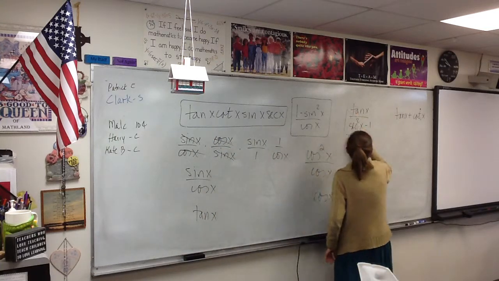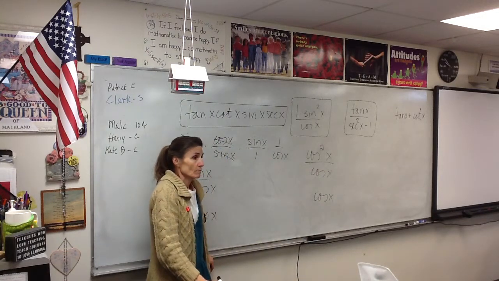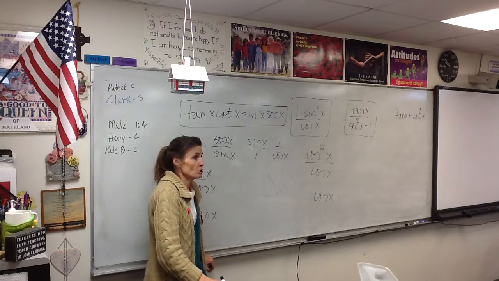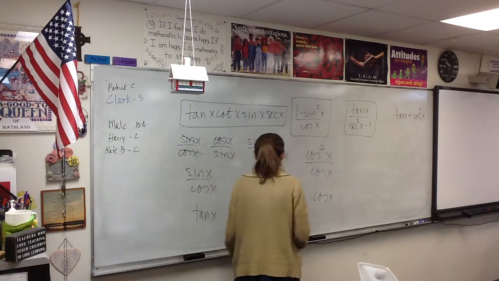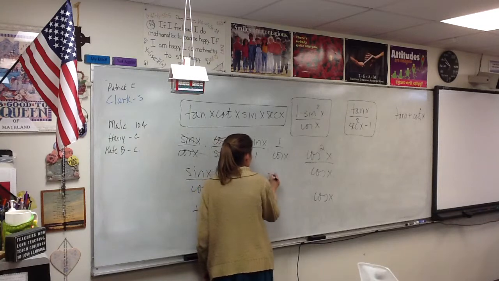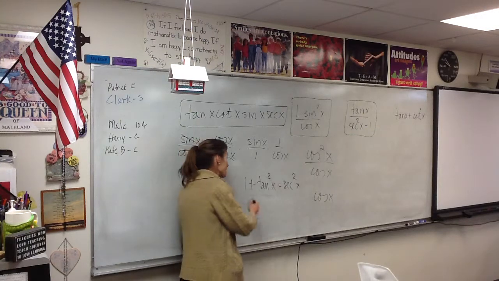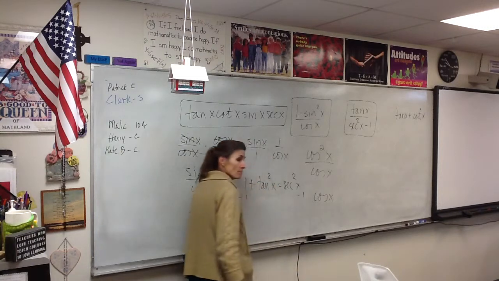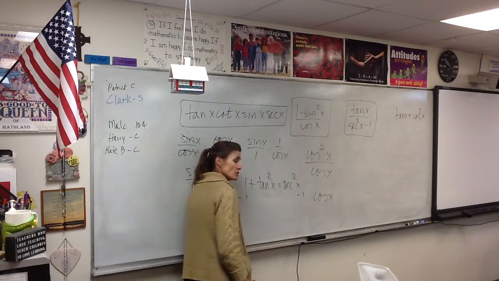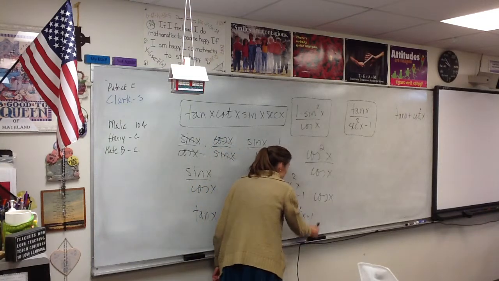Okay, now we have this one. Now look at your purple sheet. You have on your purple sheet 1 plus tan squared is secant squared, right? Yes. So if you rearrange this equation, which you're allowed to do, and you subtract 1 from both sides, what would the new equation say? Tangent squared equals secant squared minus 1.